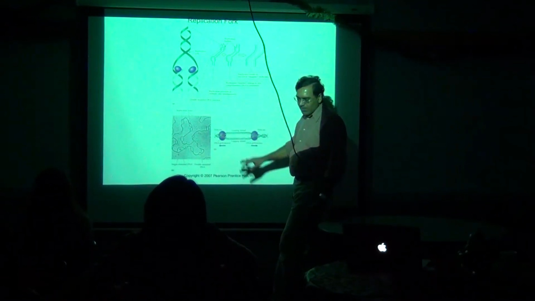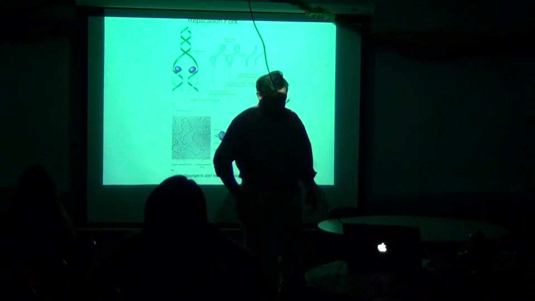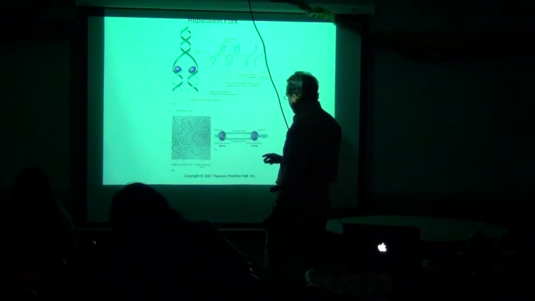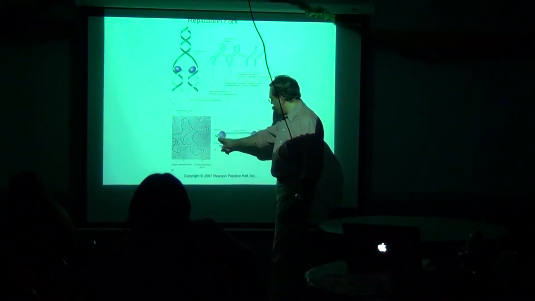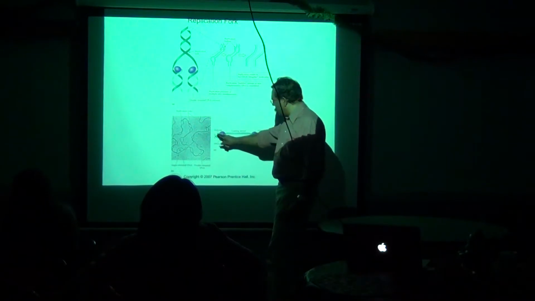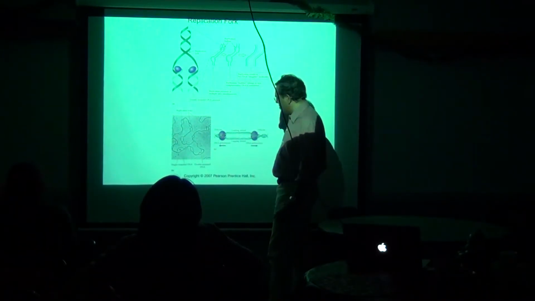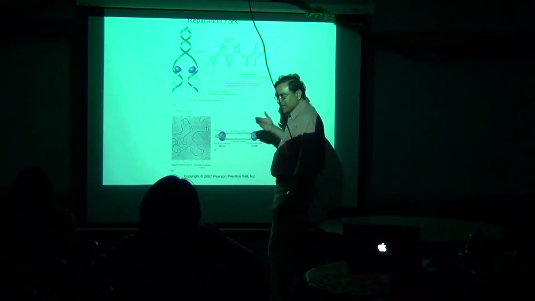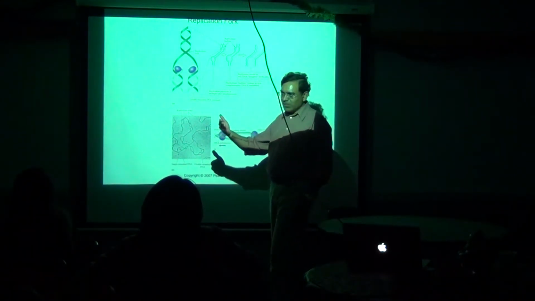But there is one problem. Since the DNA strands are running in opposite direction, this strand is going, say, in a 5' to 3' direction, and the other strand is going 3' to 5' direction. Always one strand, the synthesis is easy, because synthesis always goes in 5' to 3' direction.